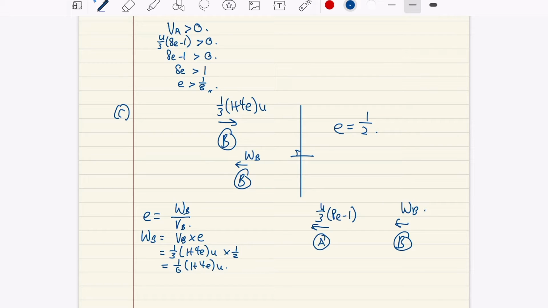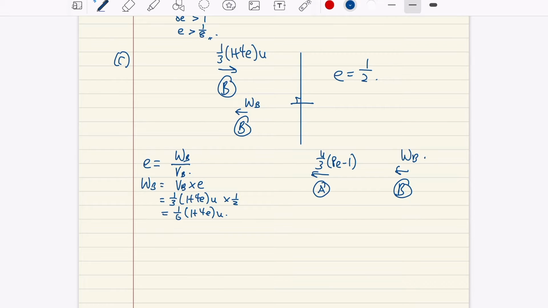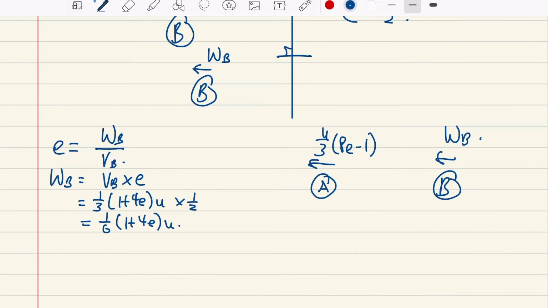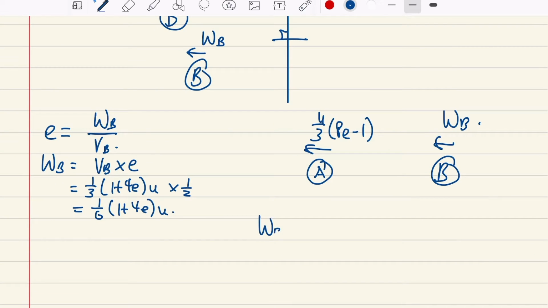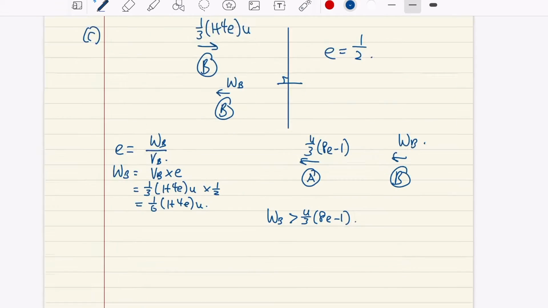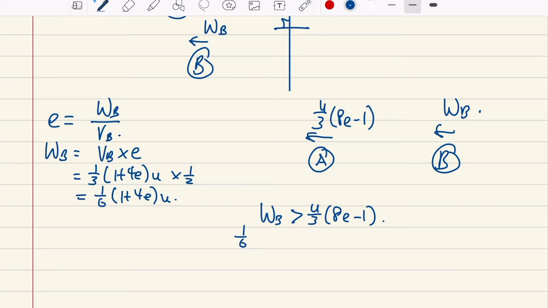So in order to have a second collision, we must make sure that the velocity of B will be faster than the velocity of A in order to catch up and collide with A. So we know that WB will be larger than u over 3 (8e minus 1). Since WB is 1 over 6 (1 plus 4e) times u over 3 (e minus 1).